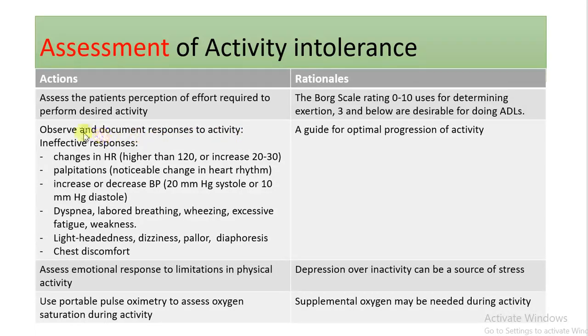How should we check it? Ineffective responses include a heart rate higher than 120 or an increase of 20 to 30 pulses per minute. Palpitations indicate a change in heart rhythm. Another is an increase or decrease in blood pressure; 20 millimeters of mercury systolic or 10 millimeters of mercury diastolic is our target.